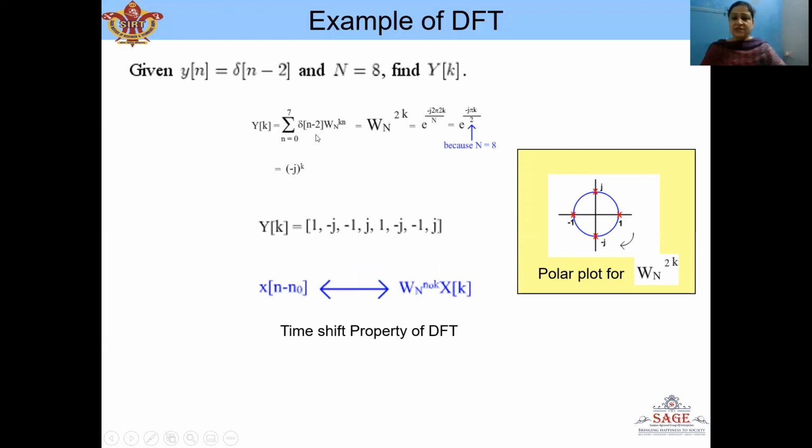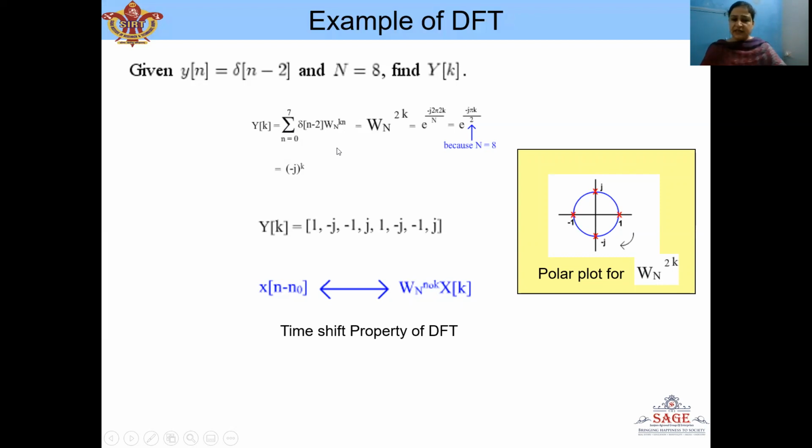According to the sampling property of the unit impulse function, if my unit impulse is located at n equals 2, then the other function is also evaluated at n equals 2. So here kn will be taken as 2k, giving W_N^(2k). Now I will be left with delta(n minus 2) with the summation.